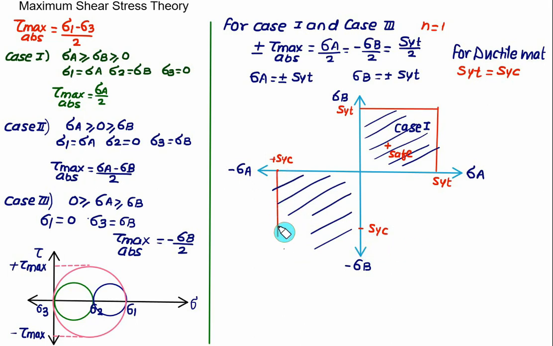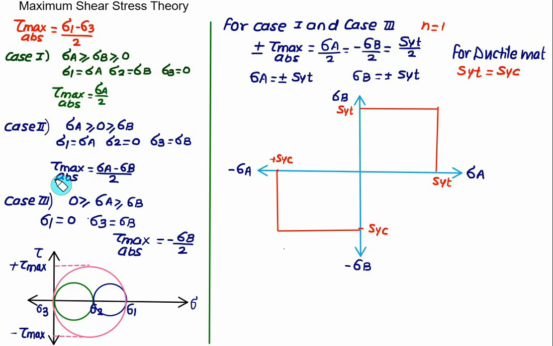So if I draw the vertical line through SYC, it represents here the value of sigma A equal to minus SYT, and the horizontal value represents here sigma B is equal to minus SYT, which is same as SYC. So these two zones will satisfy the case 1 and case 3. Inside the part is safe and outside the part is fail.